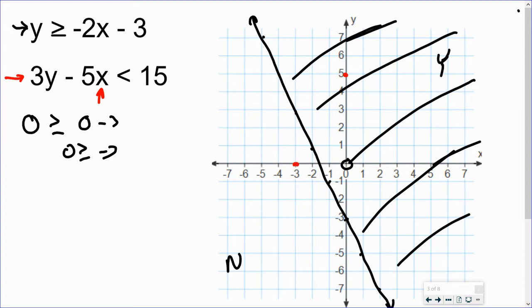I get 15. So there they are. Dash line between these two. The yes side, the no side is 0 minus 0 less than 15. That's a yes. All right, and this is my red line, so I'm going to shade the red way.